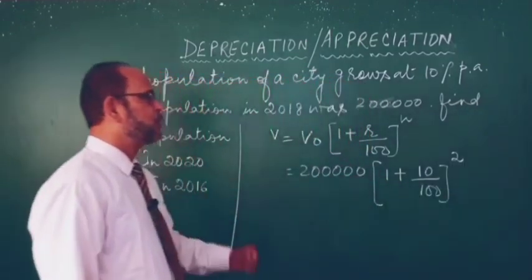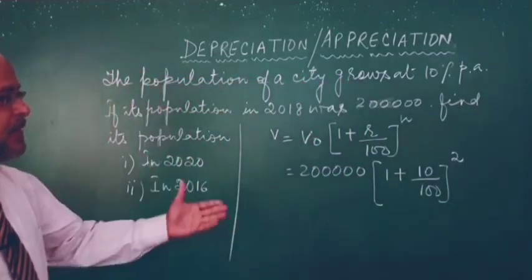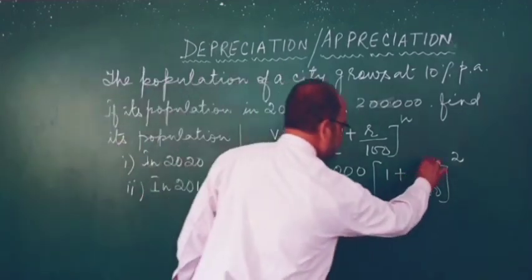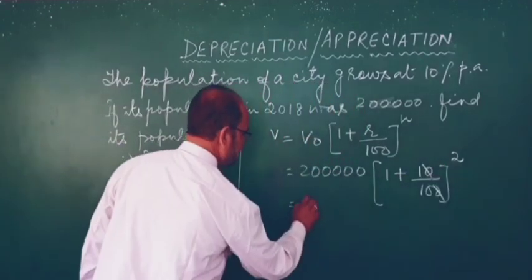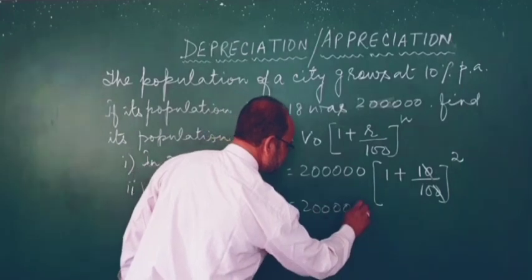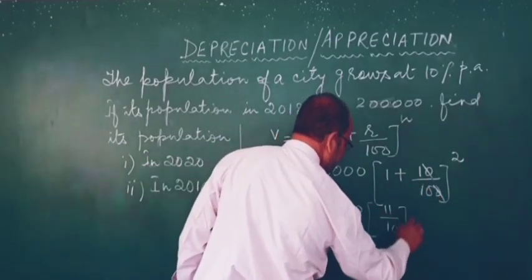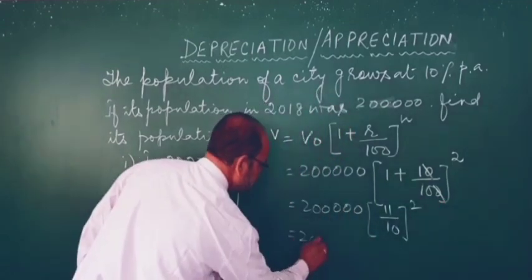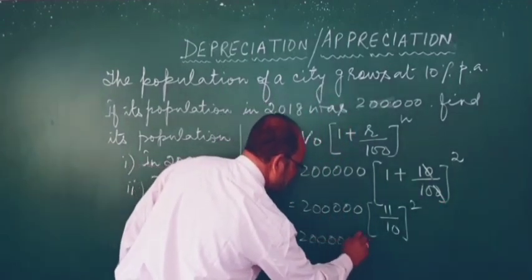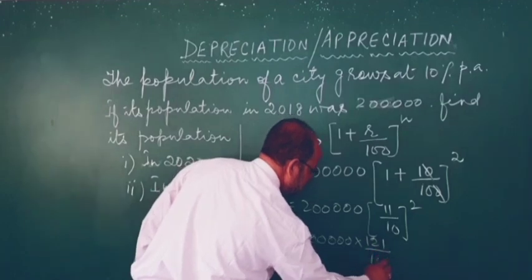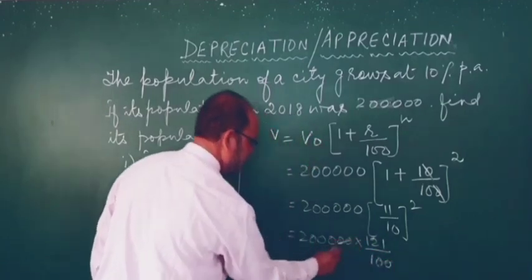From 2018 to 2020 time will be 2 years. Now we will solve this. It is 2 lakhs. This will be 11 upon 10 power 2. This is 2 lakhs times 121 upon 100. These two zeros will be cancelled out.